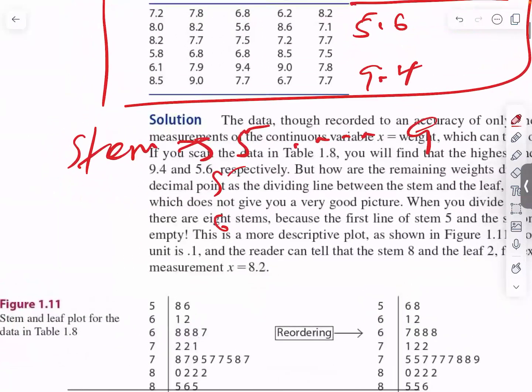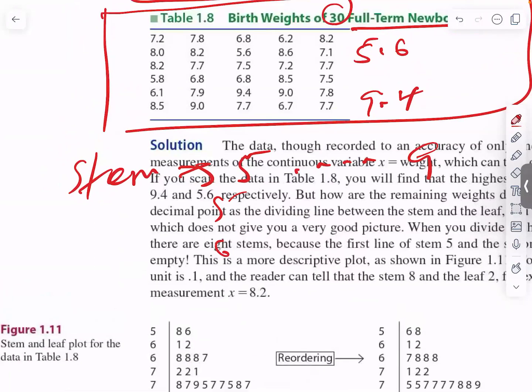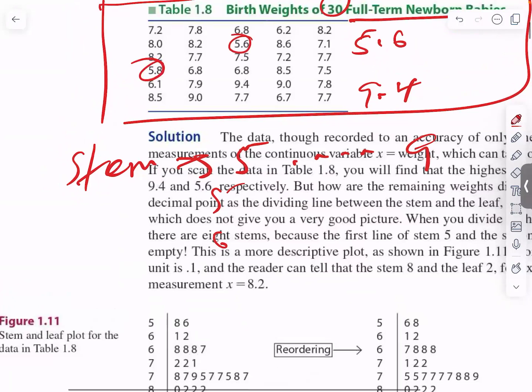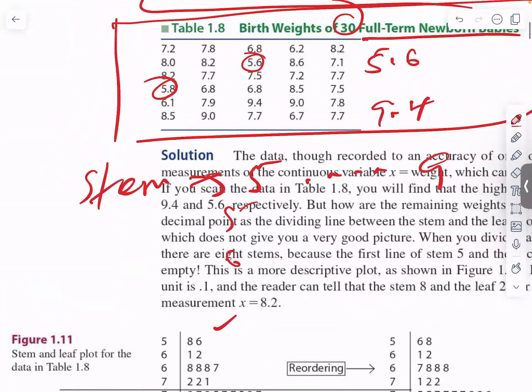This has got decimal points. So you have 5.8, 5.8 and 5.6, 5.6, 5.8. Where is that? They're just here. Look at it. And you have 6.1.